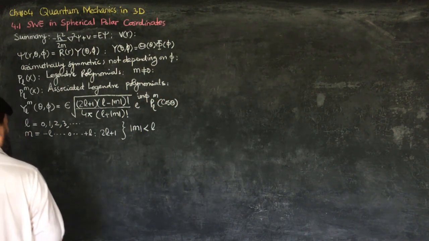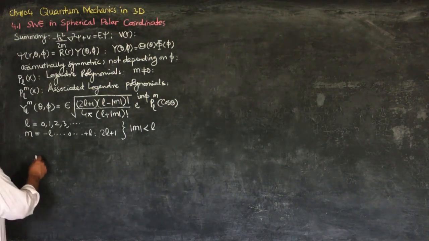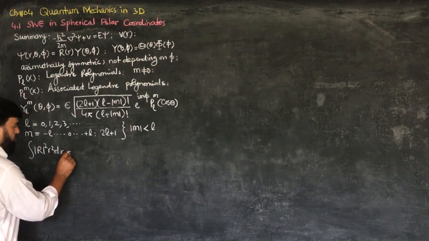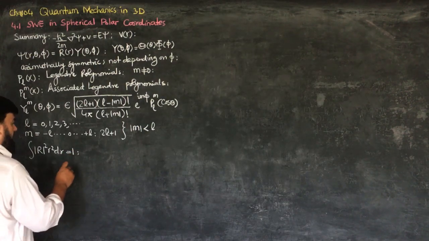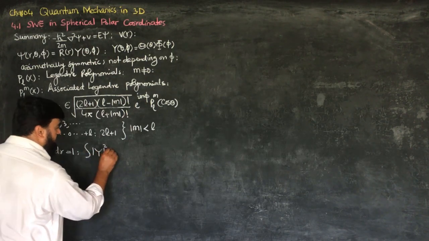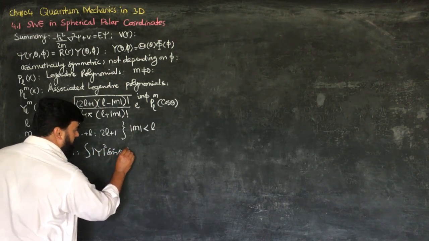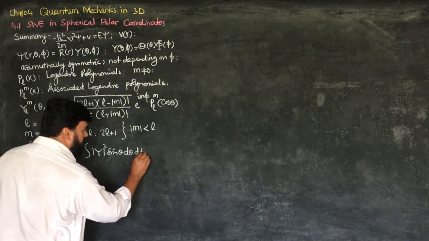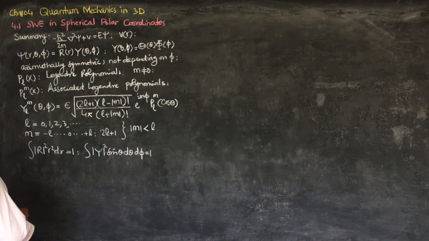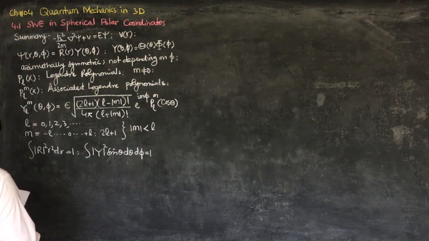With this we did some normalizations: for the radial wave function, the integral of |R|² r² dr is equal to 1, and for the angular wave function, the integral of |Y|² sin θ dθ dφ is equal to 1. So we have to normalize the radial and angular wave functions separately.